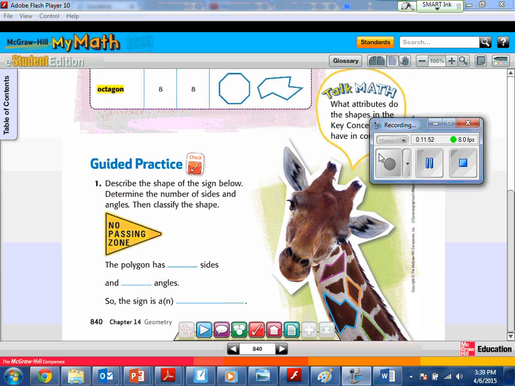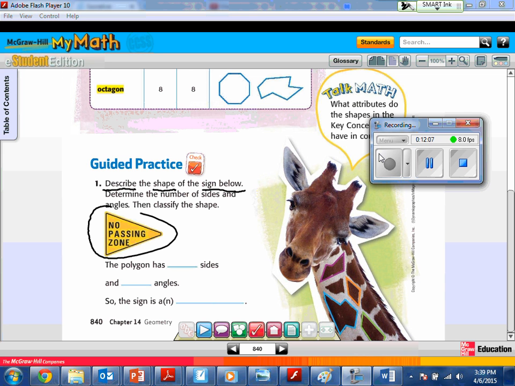So finally, let's take a look at our guided practice. It tells us to describe, meaning talk about and explain, the shape of the sign below. Here's my sign.